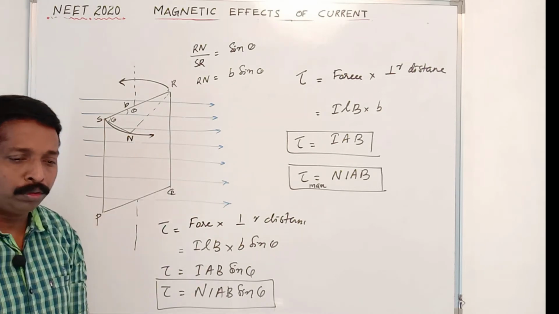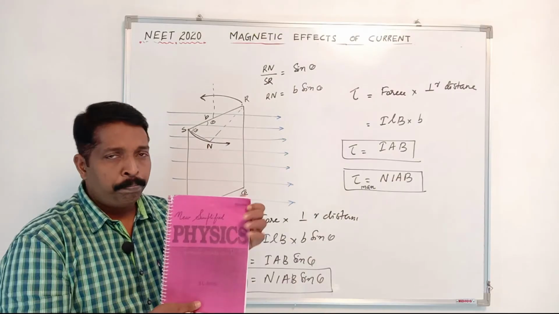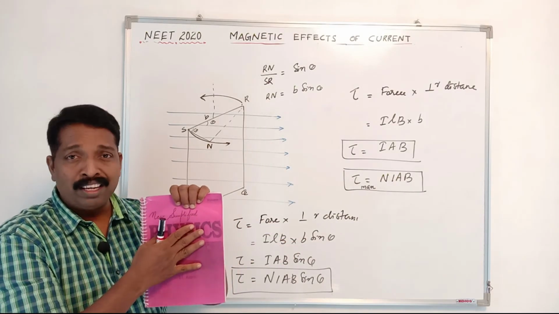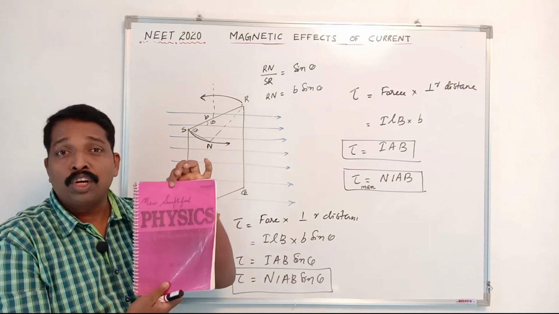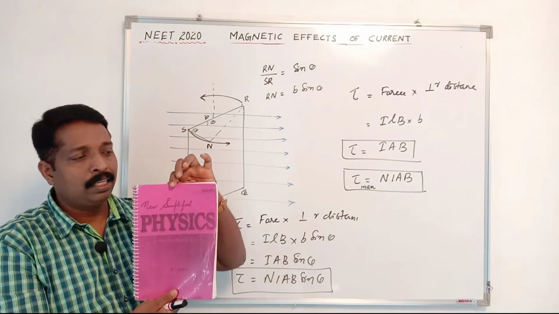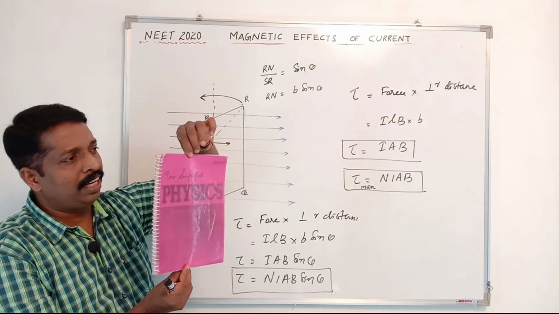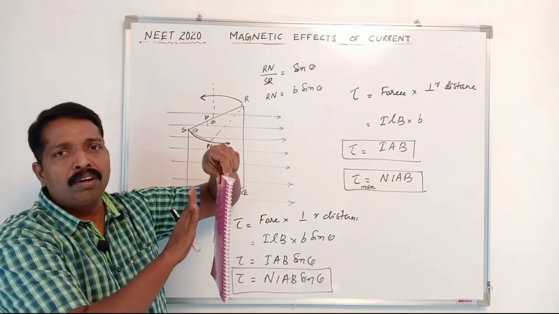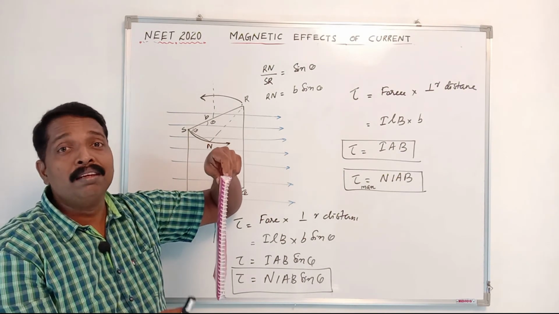So here we have to consider two concepts. When the plane of the loop is parallel to the magnetic field, then torque will be maximum, and due to this torque the rectangular wire frame will turn like this. Now if the magnetic field is perpendicular to the plane of the loop, then torque will be minimum.